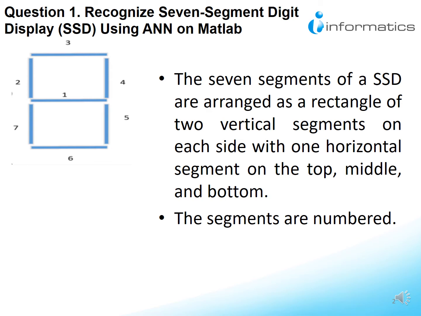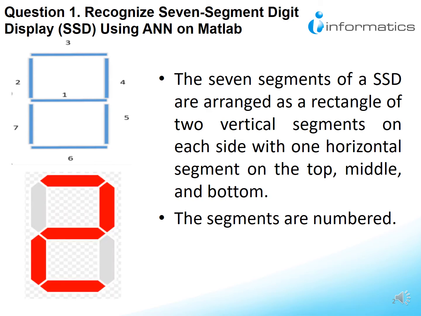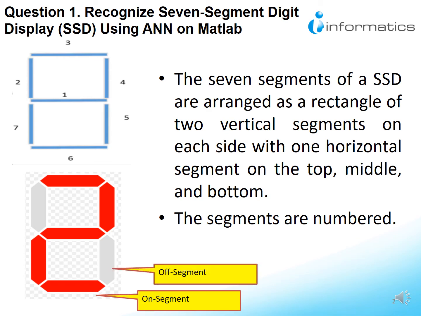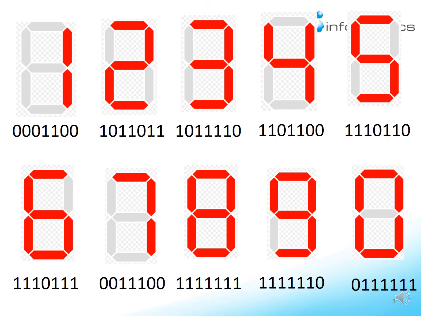When the SSD is used to display digits, some segments are turned on, some segments are turned off. This slide shows the 10 decimal digits and the corresponding 7-bit representation.